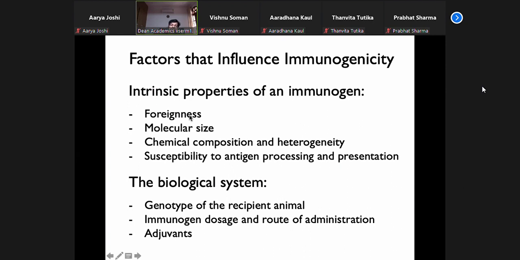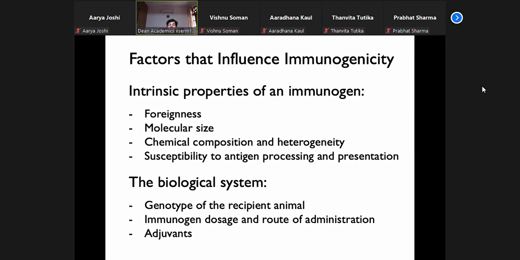So these are some of the intrinsic properties, right? Then you have the biological system. For example, the genotype of a recipient animal is very critical. We know that all of us have differences in our ability to recognize and respond to whatever we are injected with.